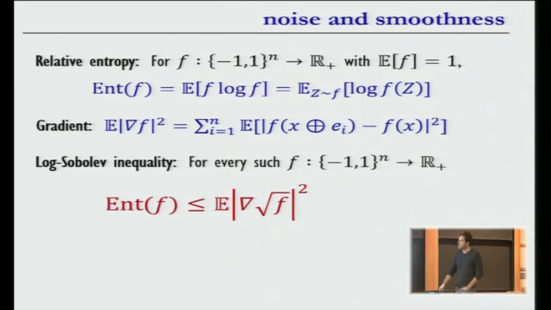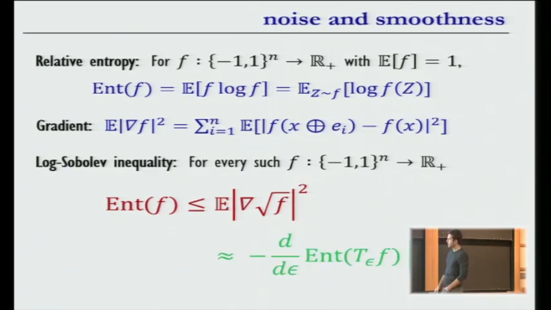And a better way to think about the right-hand side here, this square root F is weird although it's really there, is that this is actually the Fisher information of F. So it represents, if we apply a tiny bit of noise and take the derivative at epsilon equals 0, so we do some infinitesimal heat flow, then this is the derivative of the entropy with respect to the heat flow. So this quantity tells you how fast F is spreading out, and this Log-Sobolev inequality tells you that always you have a lower bound on this quantity, so always the relative entropy is decreasing.